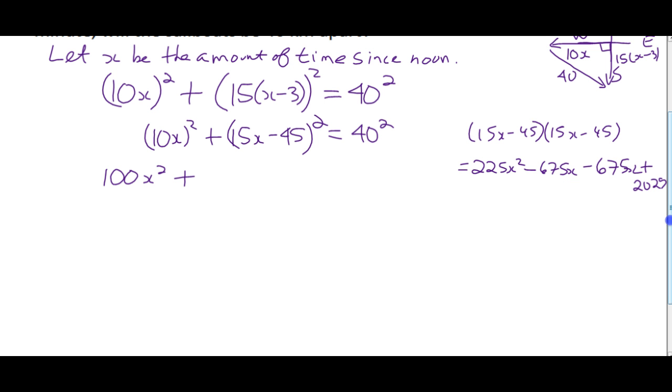Okay, so we can now transfer that over here. We've got 225x squared. Double 675 is 1350, so minus 1350x plus 2025 equals 40 squared, which is 1600.